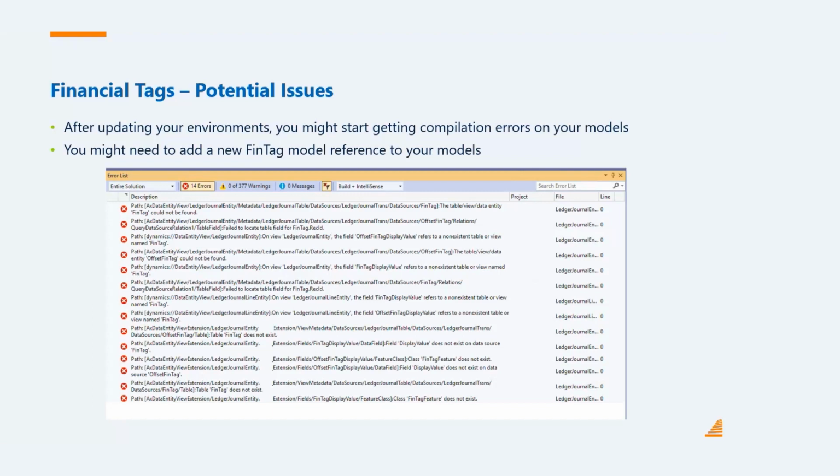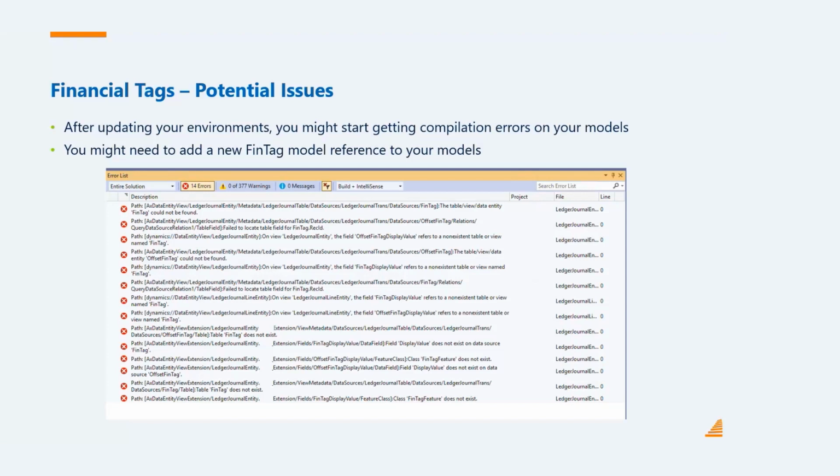Right. So the first thing that I saw when I tried using this feature is that I get some compilation errors for my custom models. And that is because standard models that reference financial tags are referenced by my custom model.